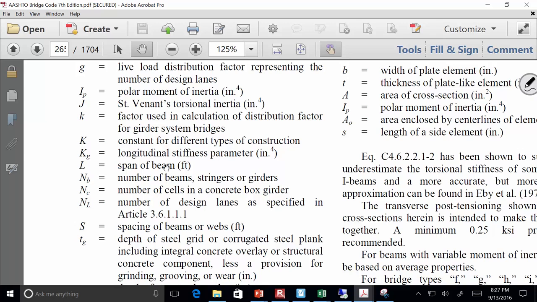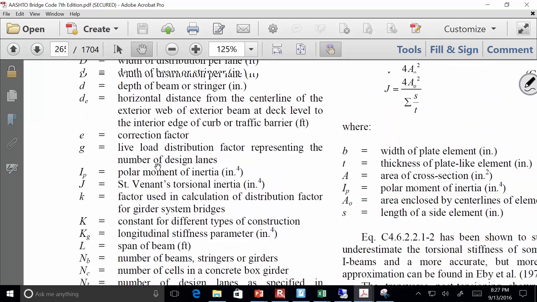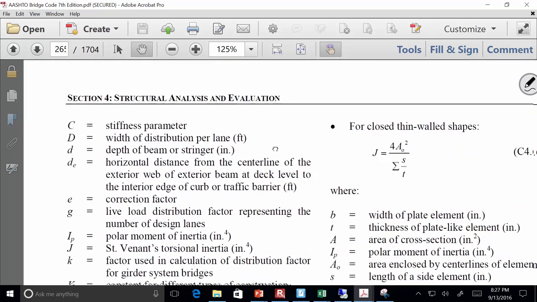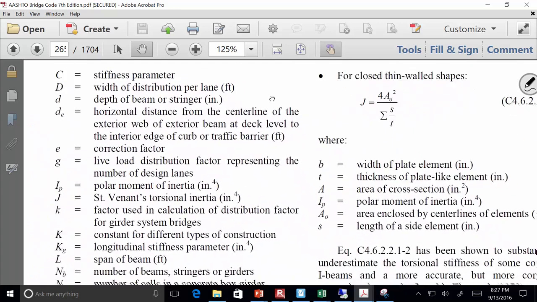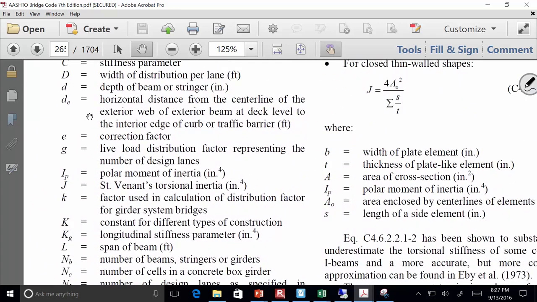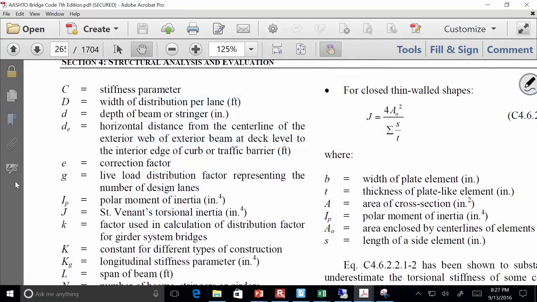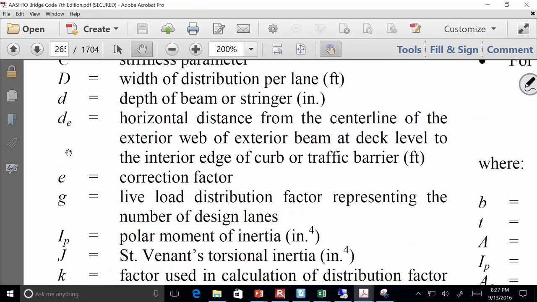This is on page 4-31. Now, here I've got DE. I'm going to read that out. DE: horizontal distance from the center line of the exterior web or the exterior beam to the interior edge of the curb or the traffic barrier.